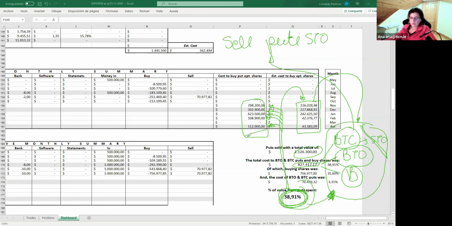So even though we're committed to this plus this plus this plus this, which if you add it all together is 1.4, we are going to be committed only to 562.